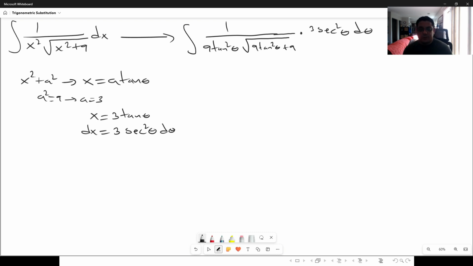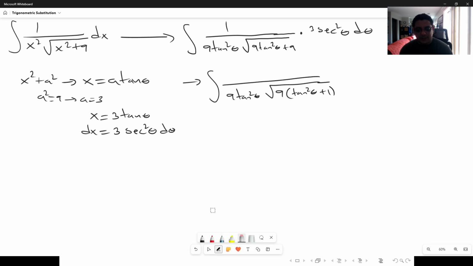Notice that we're trying to find a way to cancel out terms. So we're going to factor as usual. We get 9 tangent squared, and over here we get 9 times tangent squared plus 1. And of course, tangent squared plus 1 is just another way of writing secant squared.